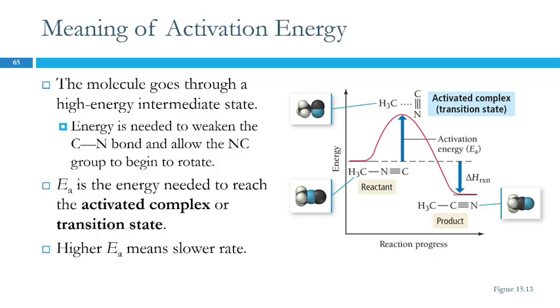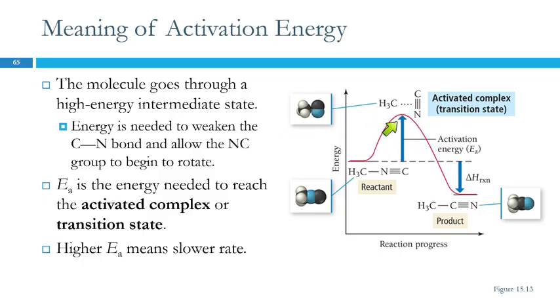So it's high energy, it's under stress when we do this. It's needed to weaken that carbon-nitrogen bond and allow this to begin to rotate. So the energy needed to get to that form, that complex, is the activation energy.